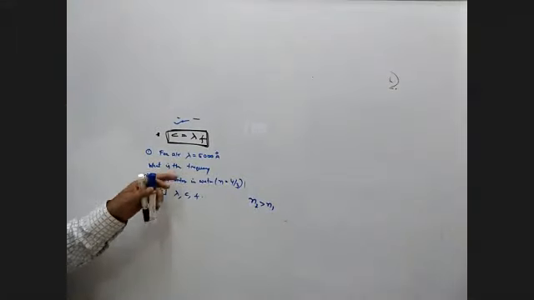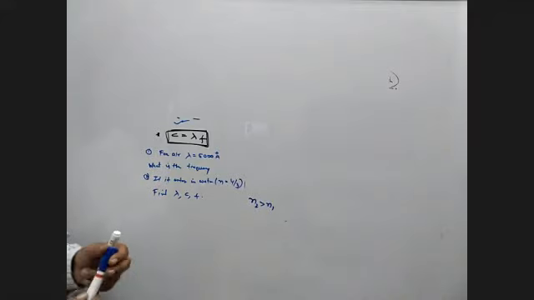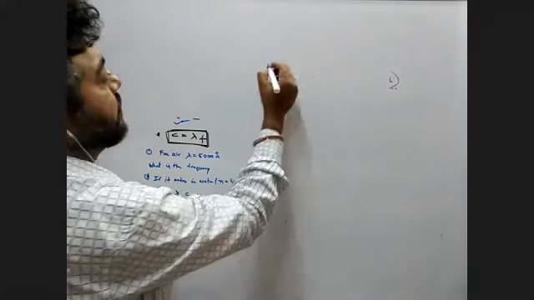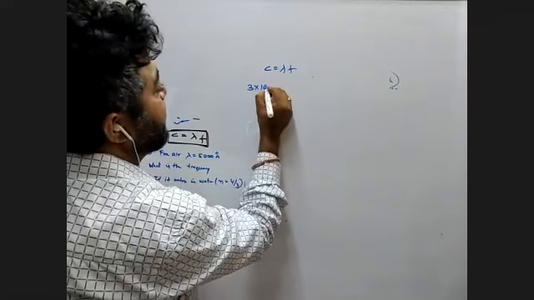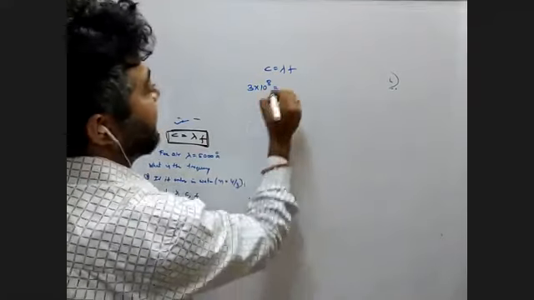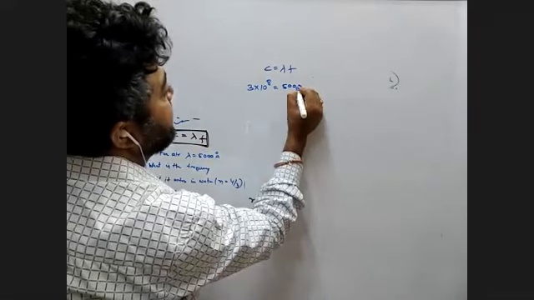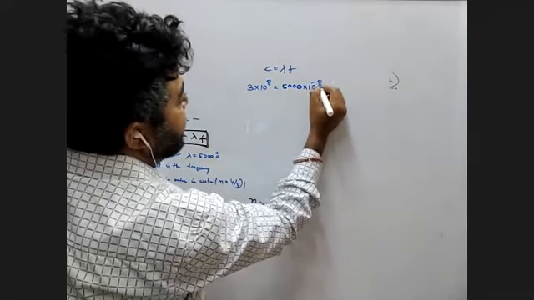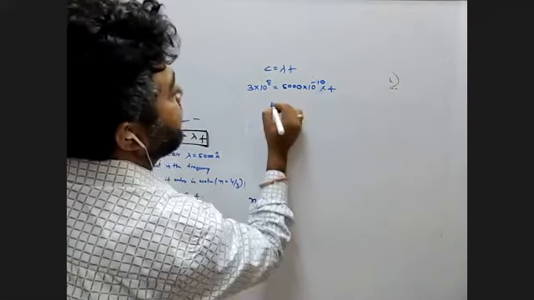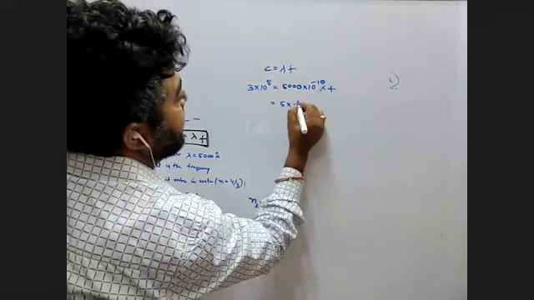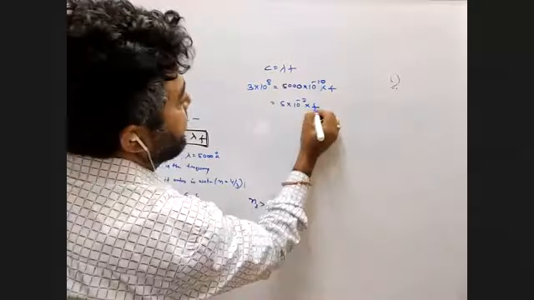Okay, so when they give you this type of question, first of all, find the frequency. We know the relation C equals F lambda. So 3 into 10 to the power 8, wavelength 5000 means 5000 into 10 to the power minus 10, into F. So 5 into 10 to the power minus 7 into frequency.